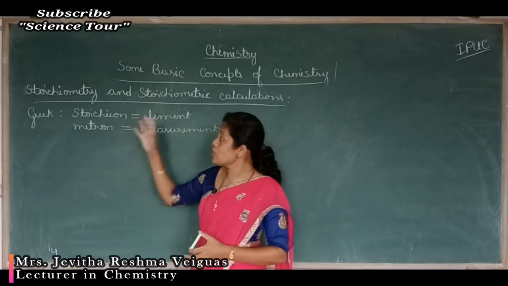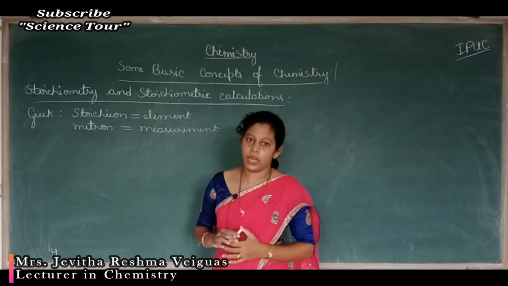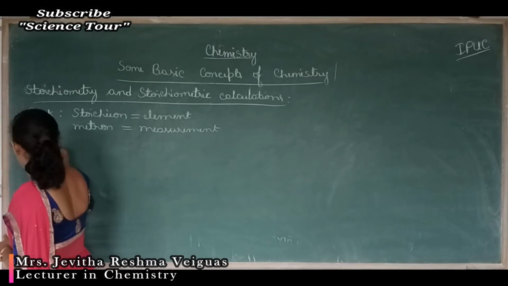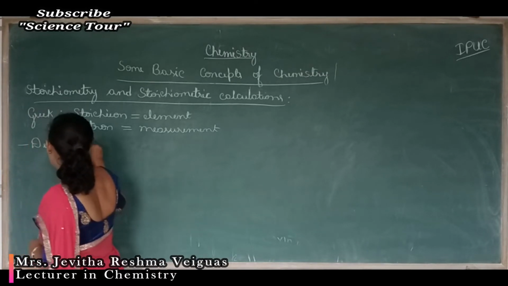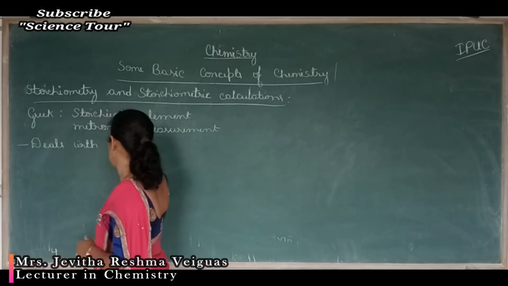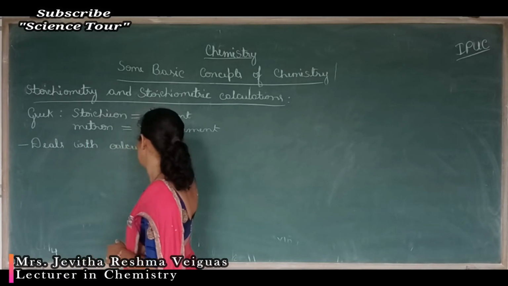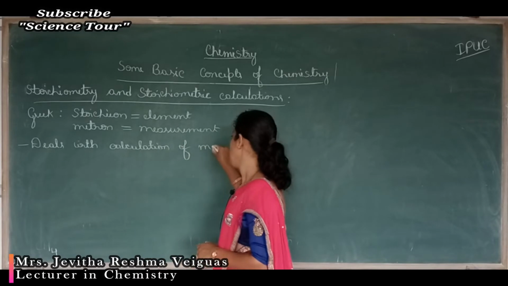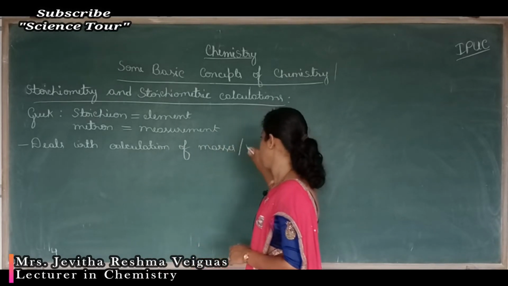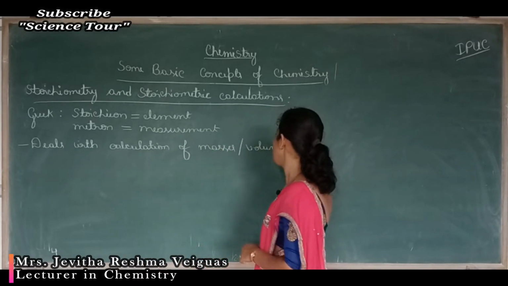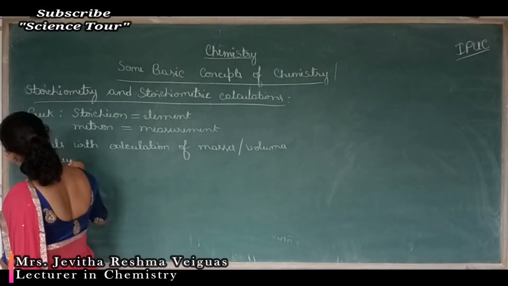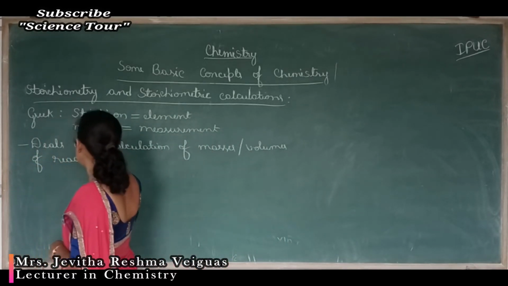Now what does stoichiometry indicate? Stoichiometry deals with the calculation of masses or volumes of reactants and products in any chemical reaction.